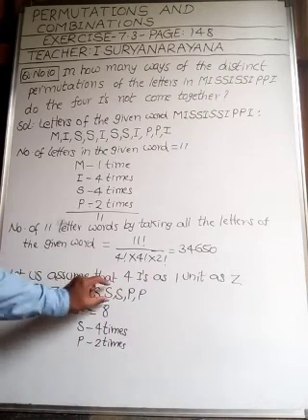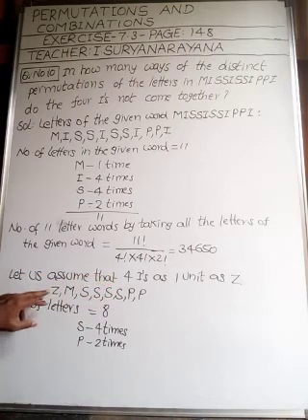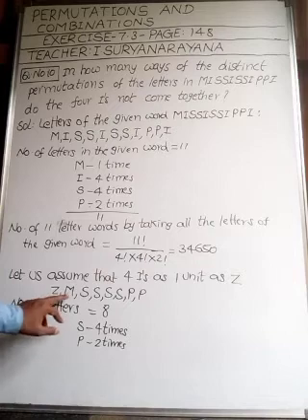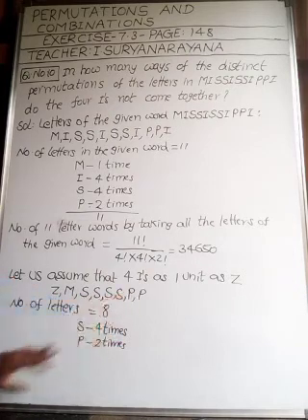So by using these letters, let us find the number of 8 letter words. We are assuming that this is 1 letter. So 1, 2, 3, 4, 5, 6, 7, 8. Okay, my children.